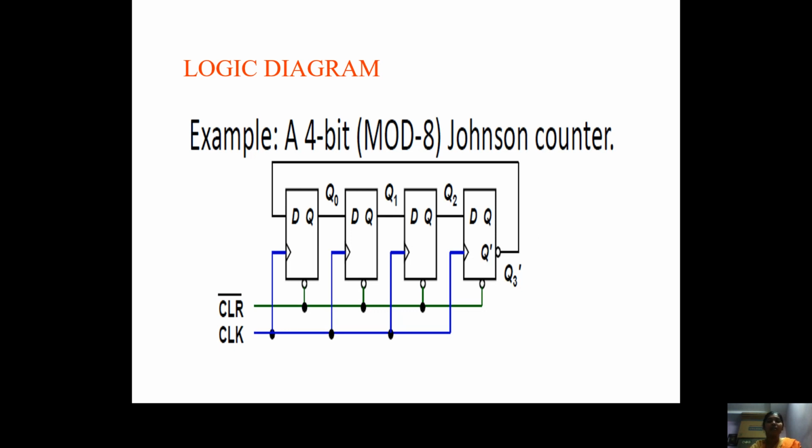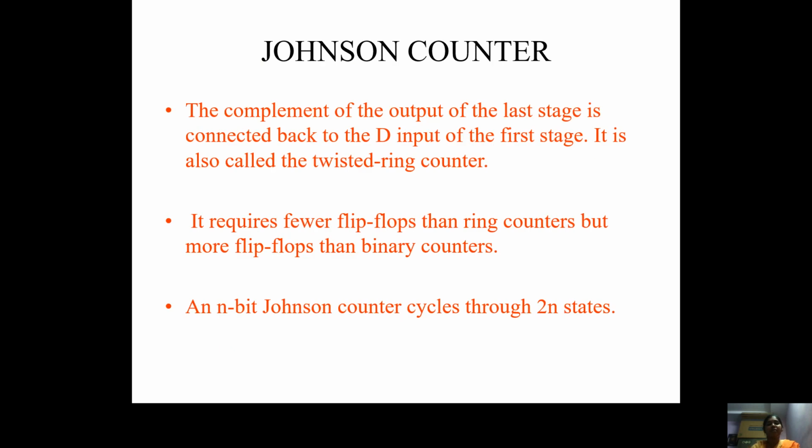Unlike the ring counter, it requires fewer flip-flops than ring counters, but more flip-flops than a binary counter. If we want to use a binary counter, 3 flip-flops are enough to count the 8 values. But in the Johnson counter, we are using 4 flip-flops.